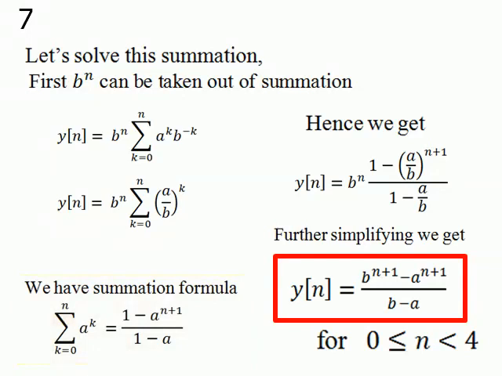Hence we get y of n as equal to b raised to n into, by substituting the formula, 1 minus a by b whole raised to n plus 1 divided by 1 minus a by b. Further simplifying, taking b as LCM, we get y of n is equal to b raised to n plus 1 minus a raised to n plus 1 divided by b minus a. This is for the range of n from 0 to 4.